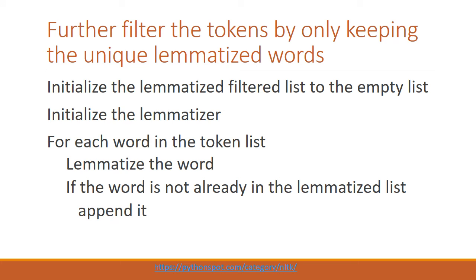Now we need functionality that'll help us to filter these tokens by just keeping the unique lemmatized words. So we're going to initialize the lemmatized filter list to the empty list. And then for each word in our token list, we're going to lemmatize it. Then if the word is not already in the lemmatized list, we're going to append it.